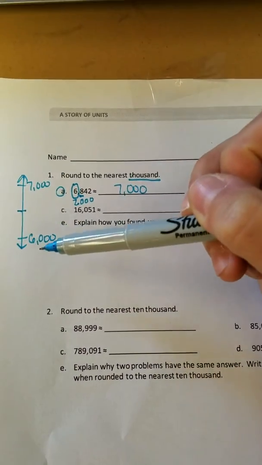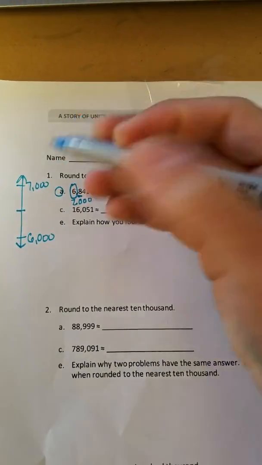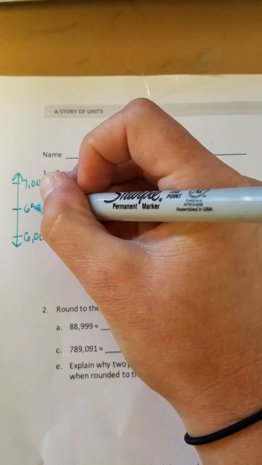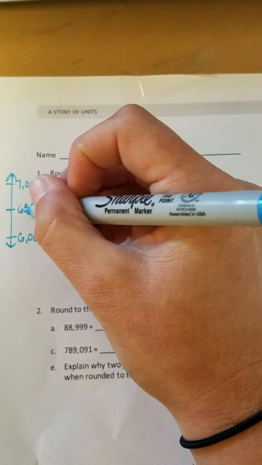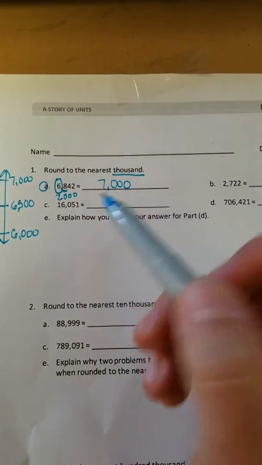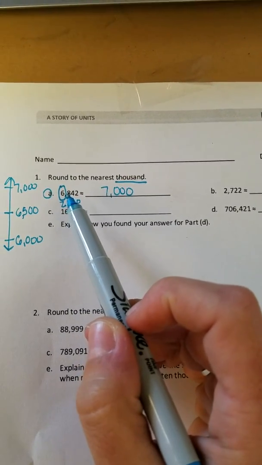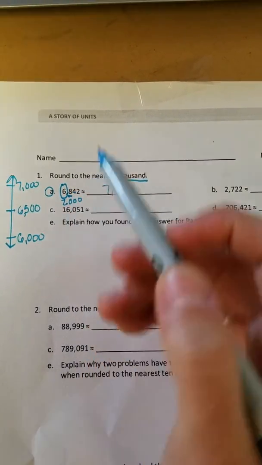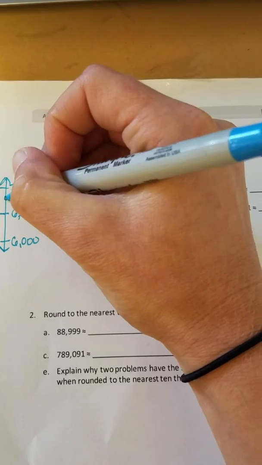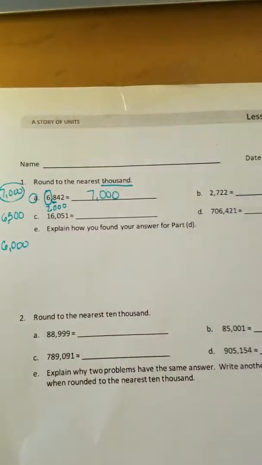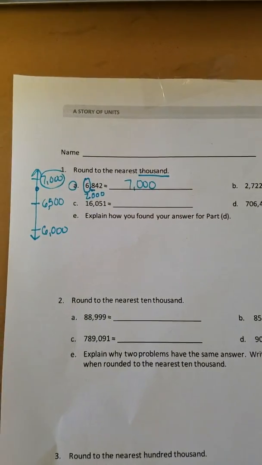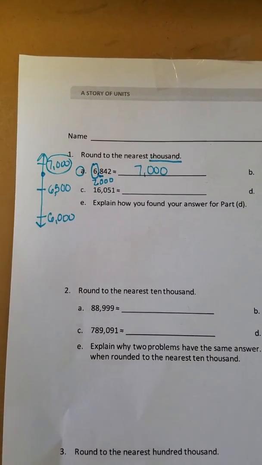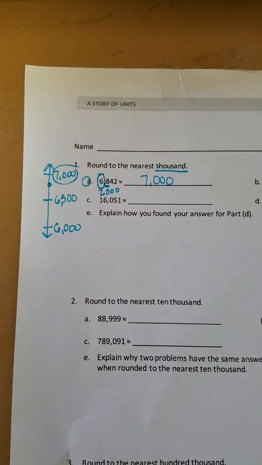If we think about what's in between 60 and 70, it would be 65, and then we add our zeros. And then we have to look at the number in the hundreds place, 6,800, that's greater than our midpoint. So that number would round up to 7,000. So either way, we can use either method to get to that rounded number.